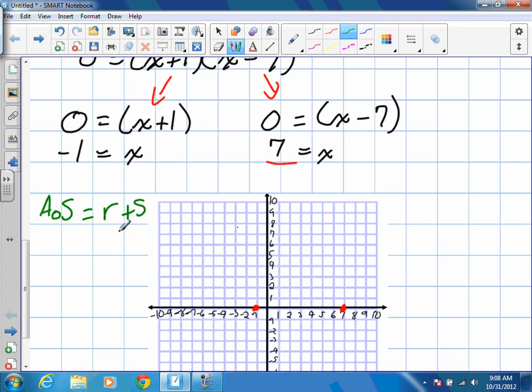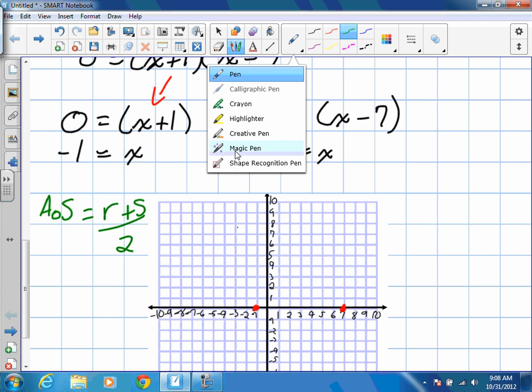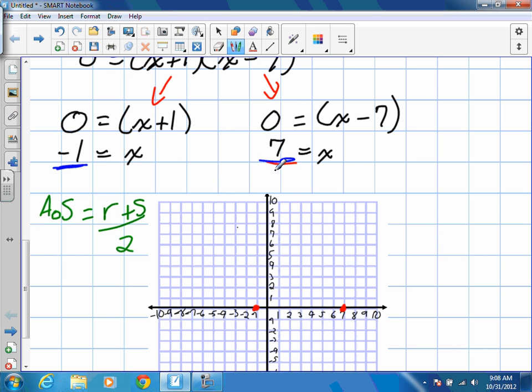In other words, we add the two x-intercepts, which are r and s in this case, negative 1 and 7, and divide them by 2. That's how we find halfway between them. So our x-intercepts in this case are negative 1 and positive 7 divided by 2. What is negative 1 plus 7? What's 6 divided by 2?